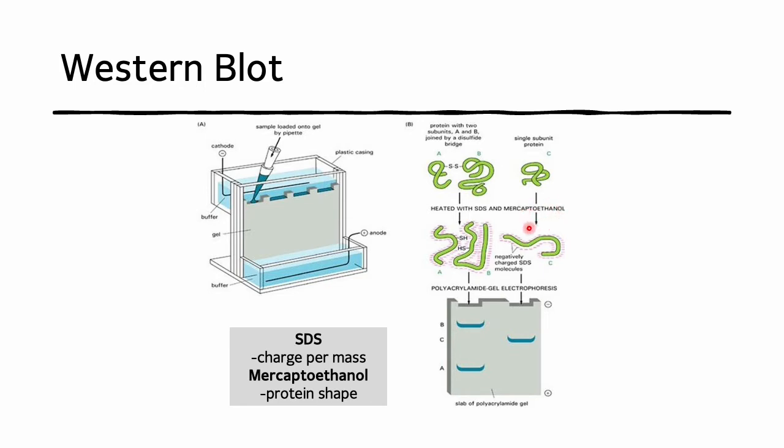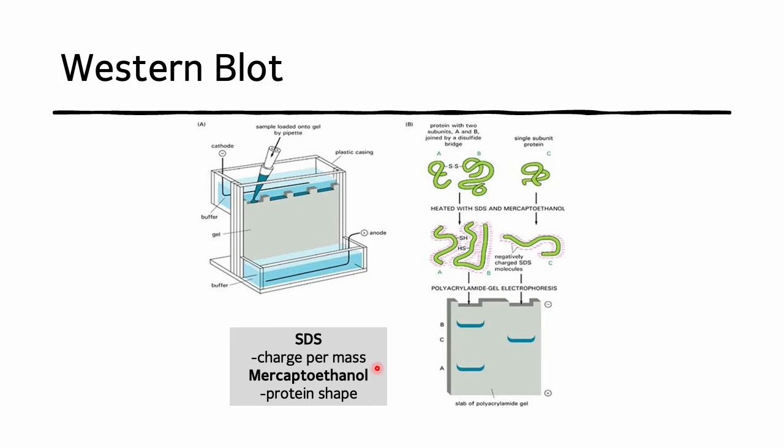Mercaptoethanol, which is a reducing agent, breaks disulfide bonds, and together with heat, those actions make the proteins linear. So you can see that with the help of SDS, charge per mass becomes the same for every protein.